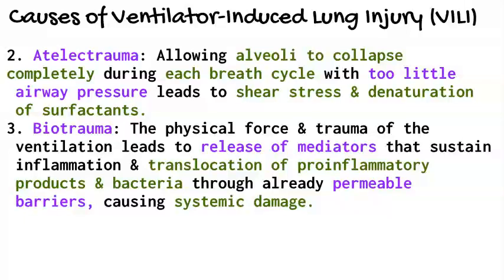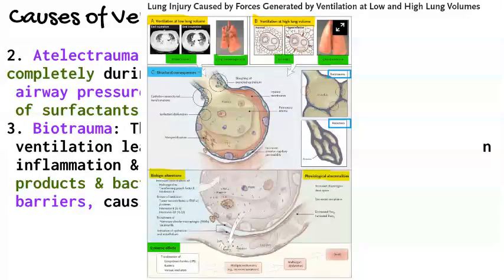This figure shows the lung injury caused by forces generated by ventilation at low and high lung volumes. Ventilation at low lung volume causes atelectrauma and lung inhomogeneity. Ventilation at the high lung volume causes hyperinflation whereby overdistension occurs and air is leaked.